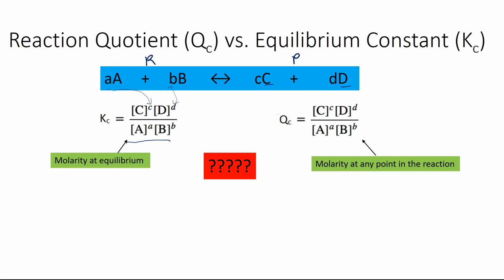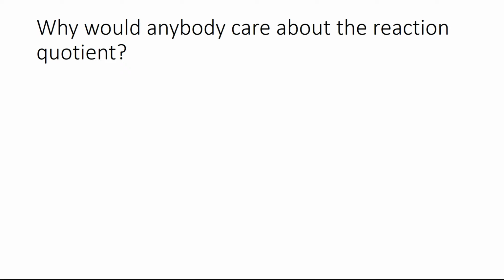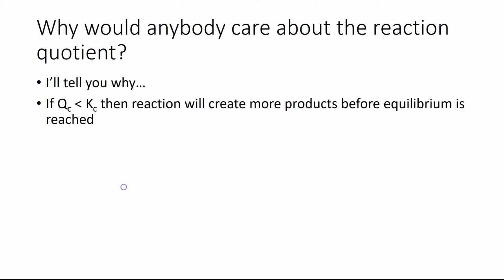So why would anybody care about the reaction quotient? More importantly, why would a chemist care? Well, I'll tell you why. Going back to that situation where I have a reaction that takes some time to complete, I can measure the progress of that reaction by relating the reaction quotient to our equilibrium constant.